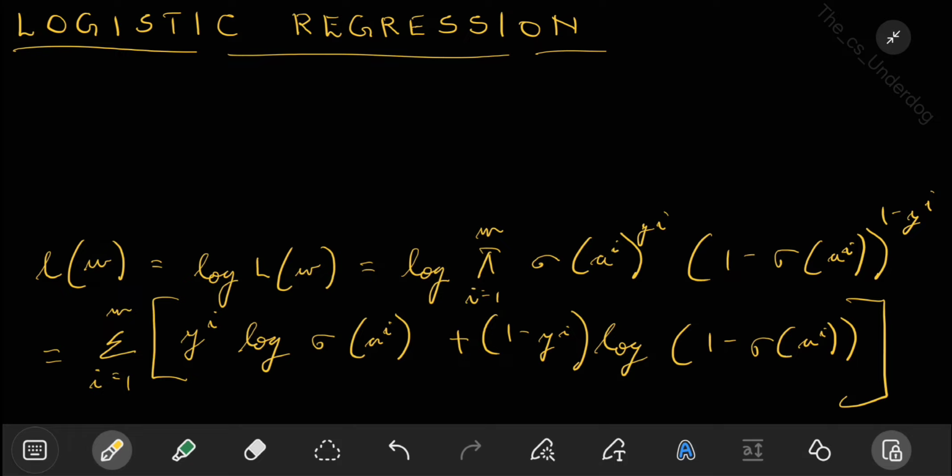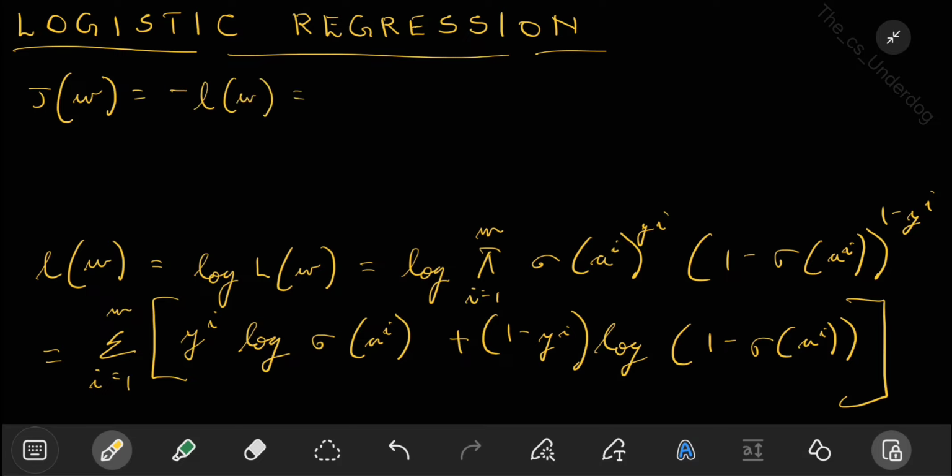So in order to take it to that general narrative of minimizing the cost function, instead of this log likelihood, we will take the negative of log likelihood. Maximizing this value is the same as minimizing the negative of the same value. So I'll call it J of W. This is the negative of log likelihood.